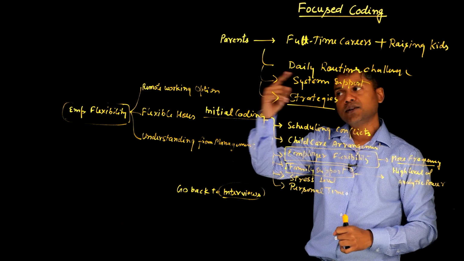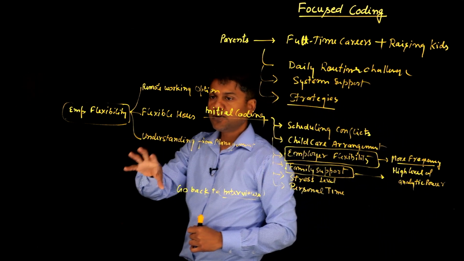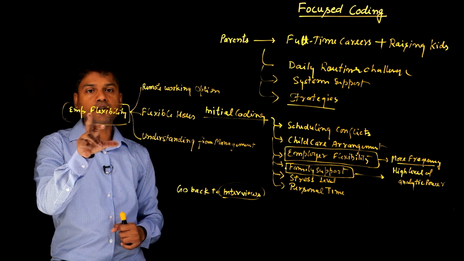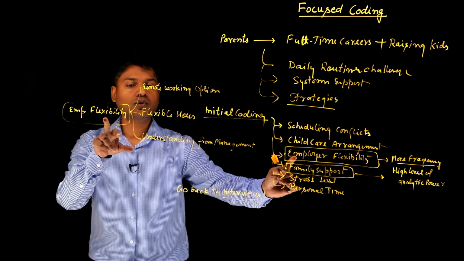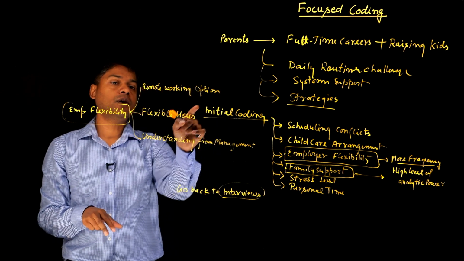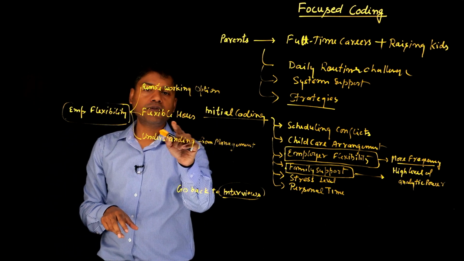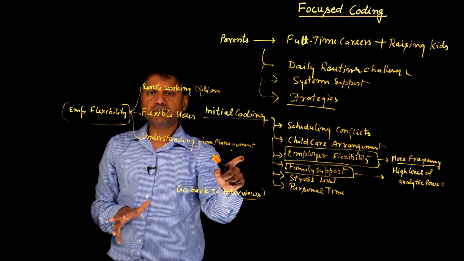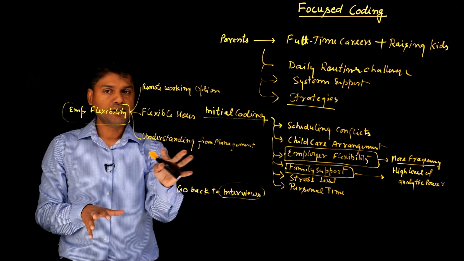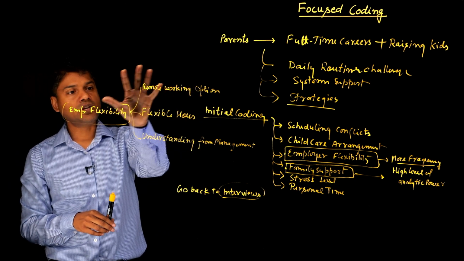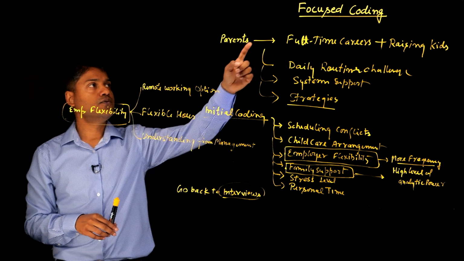And then I went back to the data and did further coding of that segment of the data. And you see, employer flexibility, which was the initial code, came up with three subcodes: remote working options, flexible hours, and understanding from the company's or office management. And this process of going back and recoding, we call it focused coding.